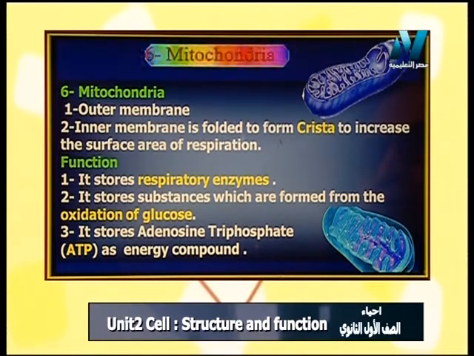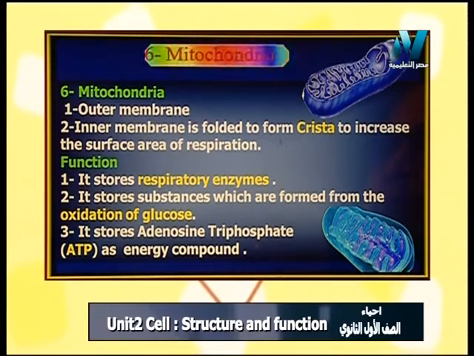mitochondria: number one, it stores respiratory enzymes. Number two, it stores substances which are formed from the oxidation of glucose molecule. Number 3, it stores adenosine triphosphate or ATP as energy compounds. الحقيقة علشان السيلولار respiration مهم، فالعادي ان الجلوكوز molecule بيحصل له splitting inside the cytoplasm into two molecules.